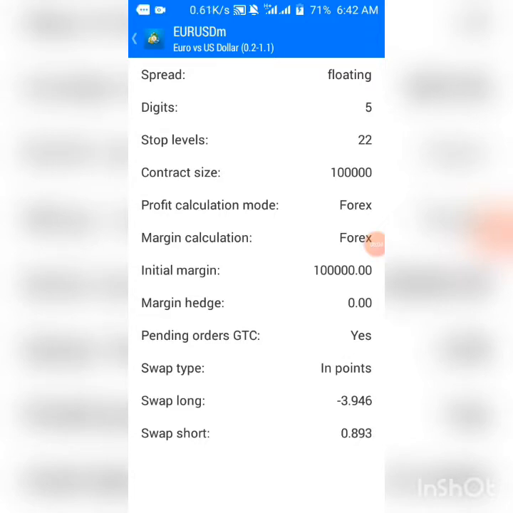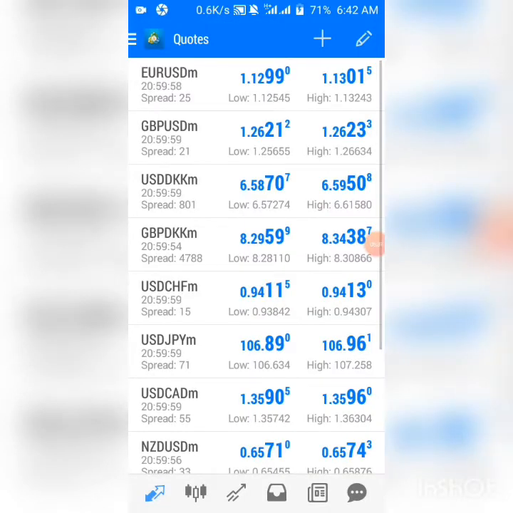Now you can see spread floating, digits 5, stop levels 22, contract size 100,000, profit calculation Forex, margin calculation Forex, initial margin 100,000, margin net 0, pending orders GTC, yes, swap in points, swap long minus 3.946, swap short 0.893.